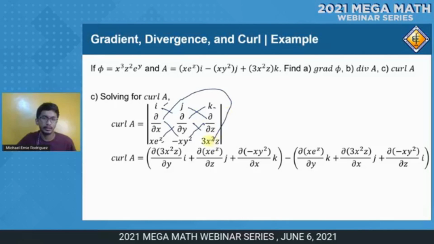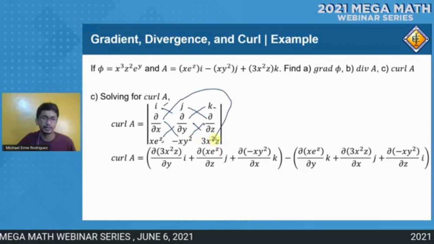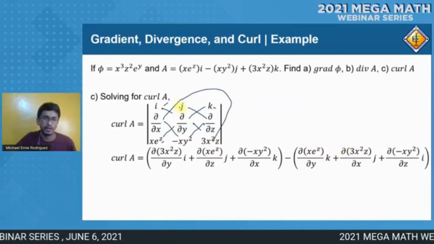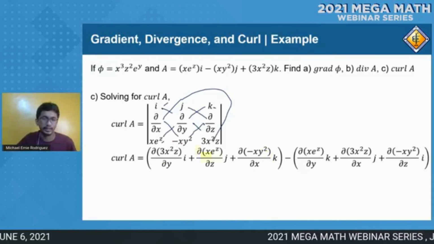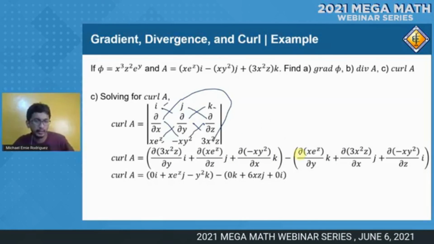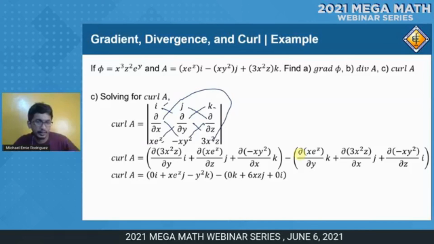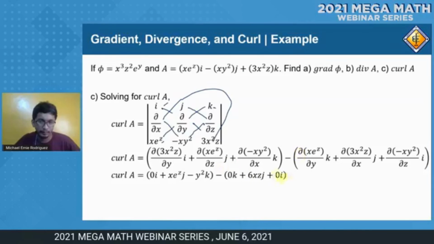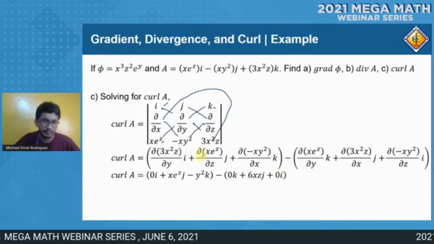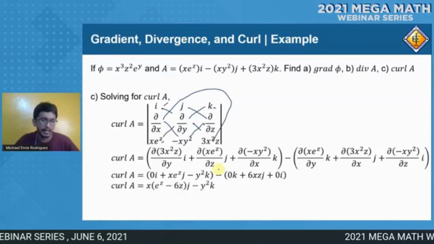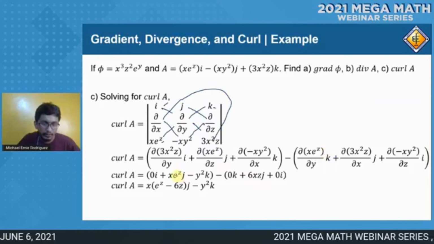Ayan. We have partial derivative with respect to x of 3x squared z times j. So, partial derivatives tayo. So, you get 0i plus ito. And then, simplifying this, minus natin.